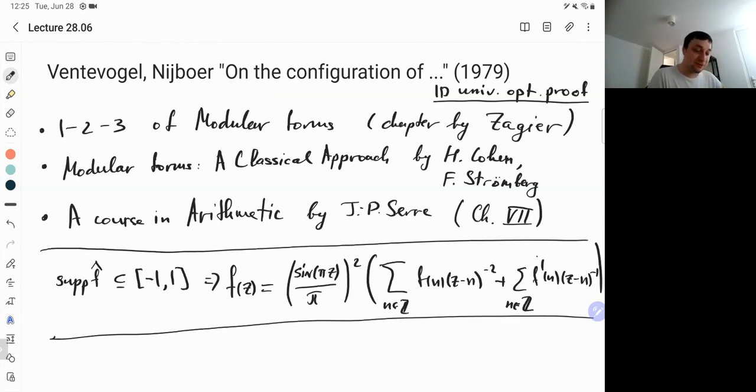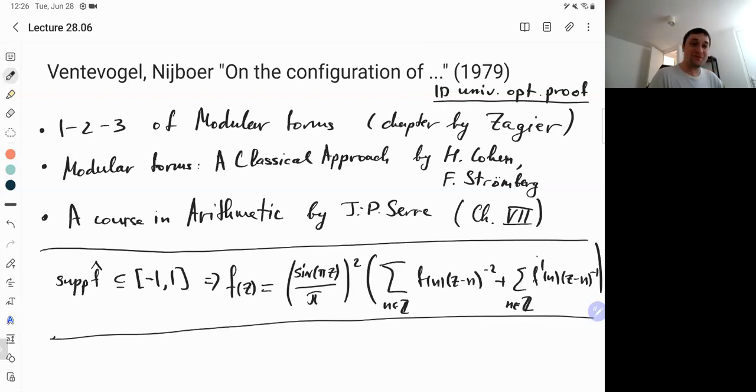But if you're interested in the classical theory, there's the book Modular Forms: A Classical Approach by Henri Cohen, not to be mistaken with Henry Cohn, and Fredrik Strömberg, I think. It's a very long book, but it's very detailed, and it actually explains everything in great detail.